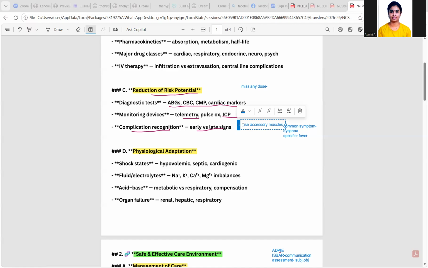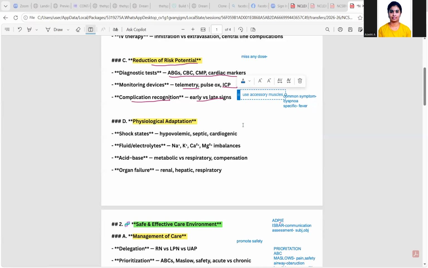Next one is physiological adaptation. I already said each system is affected, and when our body is affected with any disease condition, our body will try to compensate.